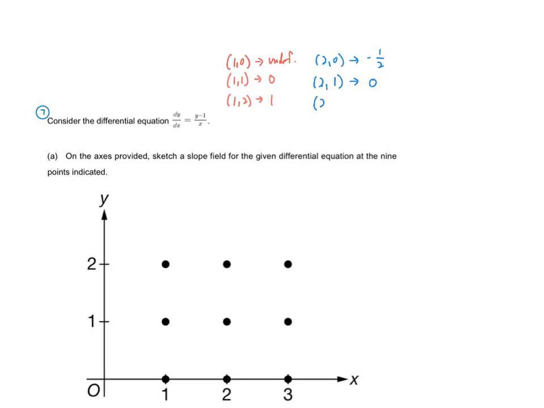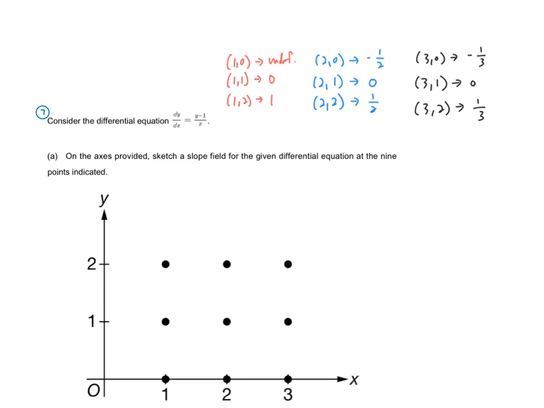Plug in 2, 2. You get 1/2. Okay, and then plug in 3, 0. So that's negative 1/3. 3, 1 is 0. And 3, 2 is 1/3.